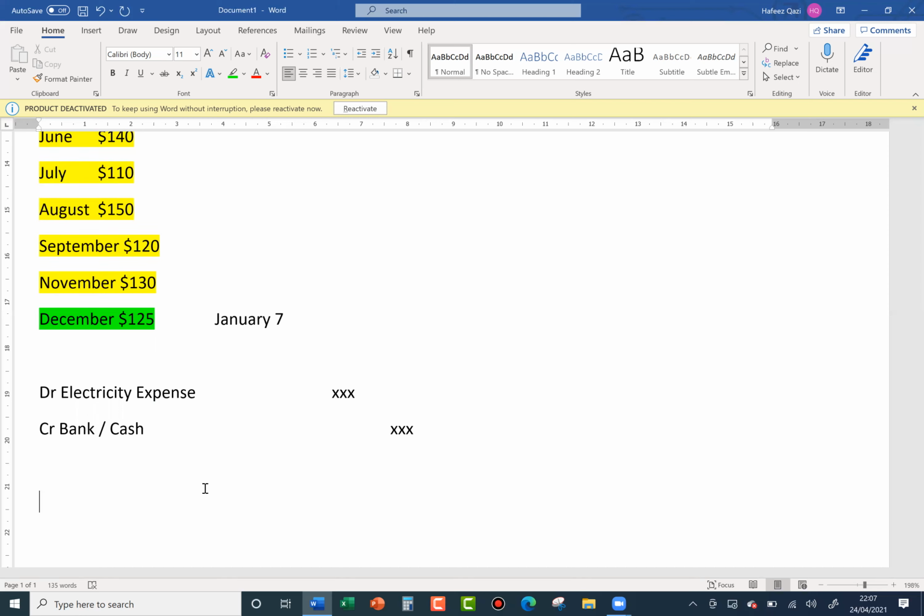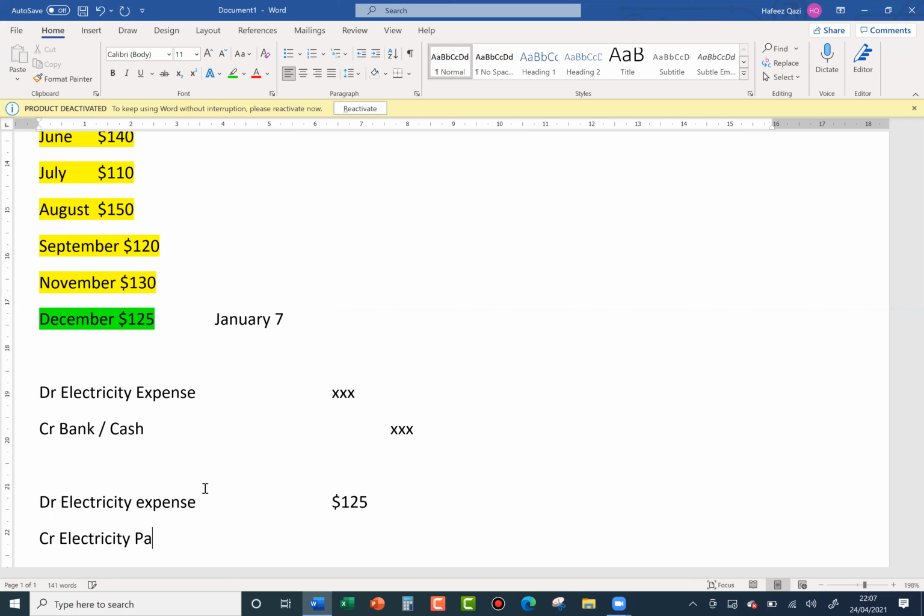But we have to close our accounts on the 31st of December. So what we will do, as this electricity was consumed in December, it still is an expense for the current financial year, $125. But we haven't made the payment yet. So what will we call it? We can call it electricity payable.